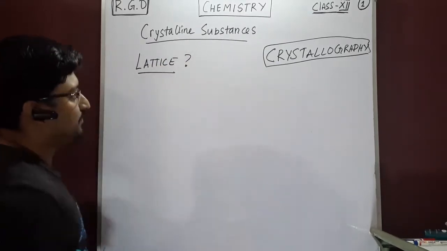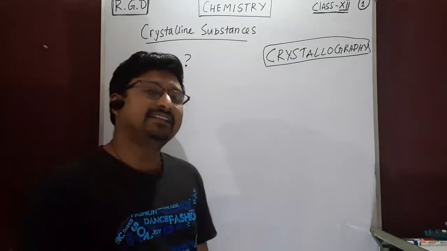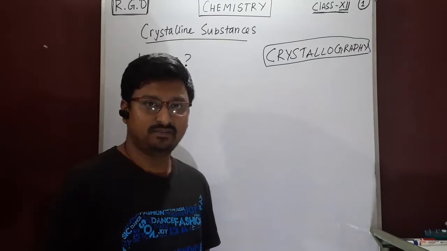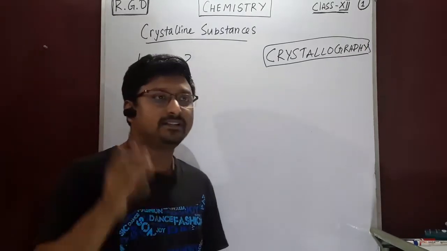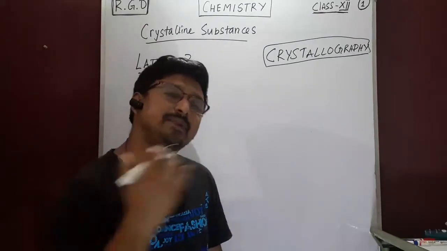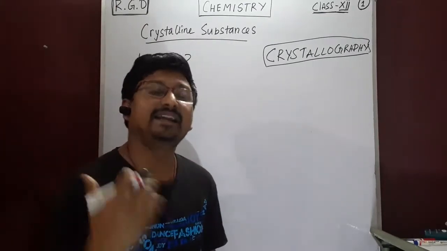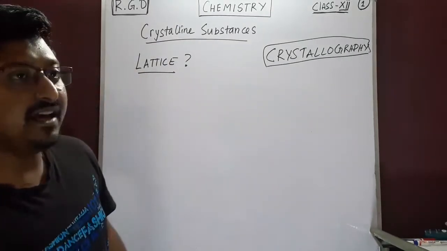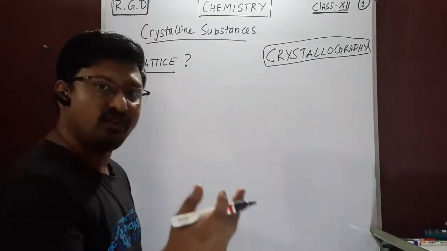What is a lattice? I will say a lattice is nothing but a representation, like kinetic theory. Kinetic theory is a representation of the gaseous state, ideal gas is a representation. So a lattice is basically a representation of the solid.